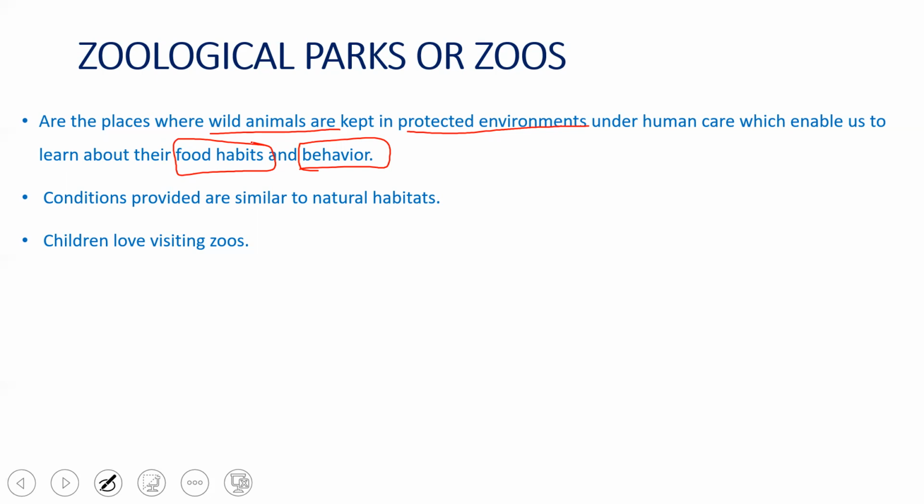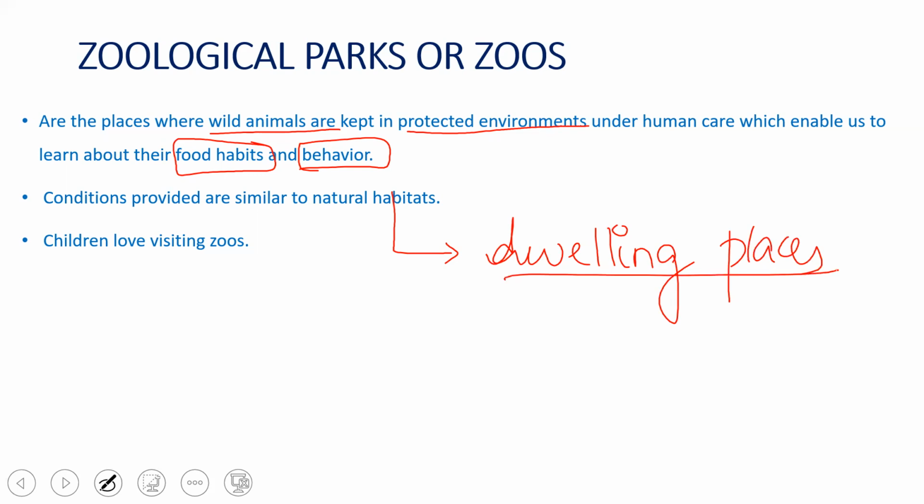And here the conditions for the survival of any animal have to be just like the natural habitat. Otherwise it would be difficult for an organism to survive. Habitat here refers to the dwelling place. Say, for example, if it is a polar bear which we have to protect in a zoo, then obviously the polar bear needs that particular temperature.